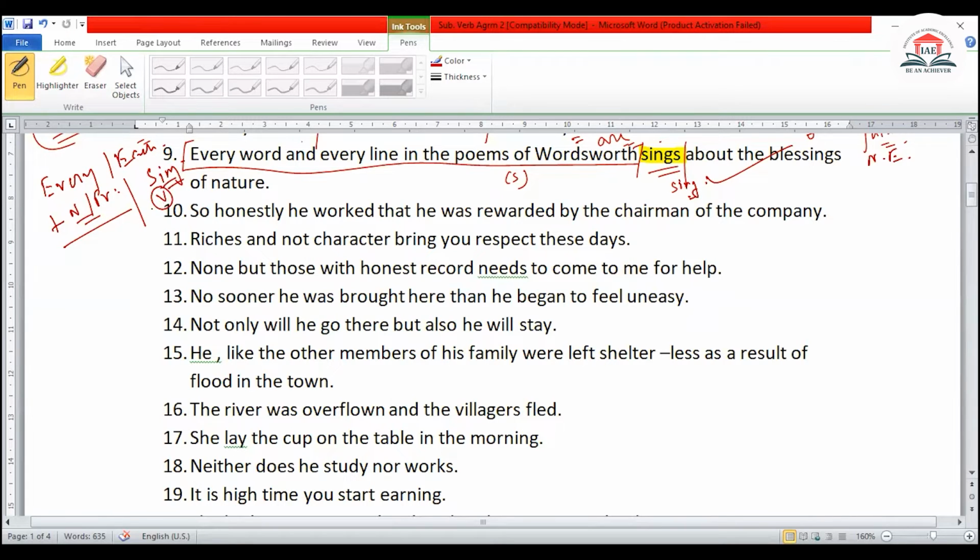The verb which will follow the subject will be singular always, without any doubt. After every, we can use so many nouns and pronouns at our ease. Like every student, every guardian, every school, every university.